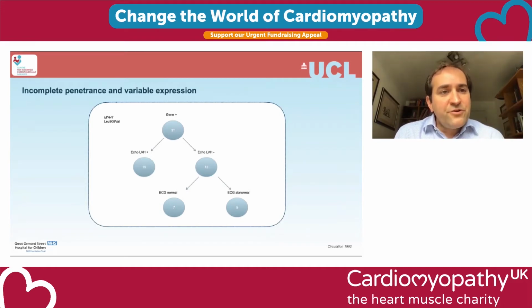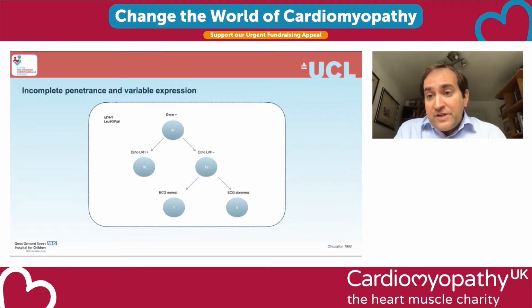I mentioned earlier on this concept of incomplete penetrance and variable expression, which effectively means that within the same family, individuals carrying the same gene change will express that in different ways. So in this particular example of 31 individuals with this particular gene change that causes hypertrophic cardiomyopathy, 19 had evidence of thickening of their heart muscle on their echo, so they had hypertrophic cardiomyopathy, but 12 didn't have any evidence of a thickened heart muscle.